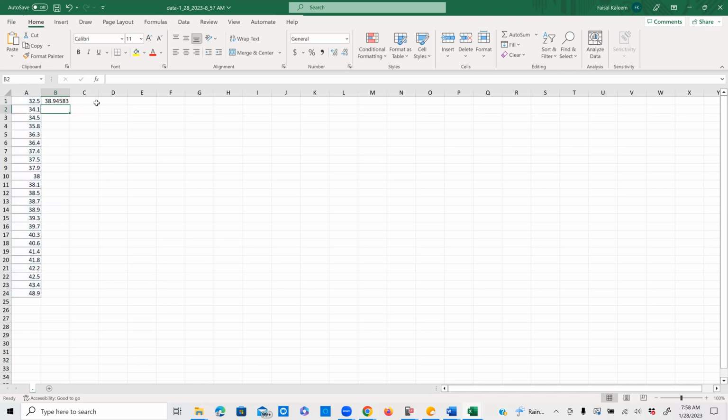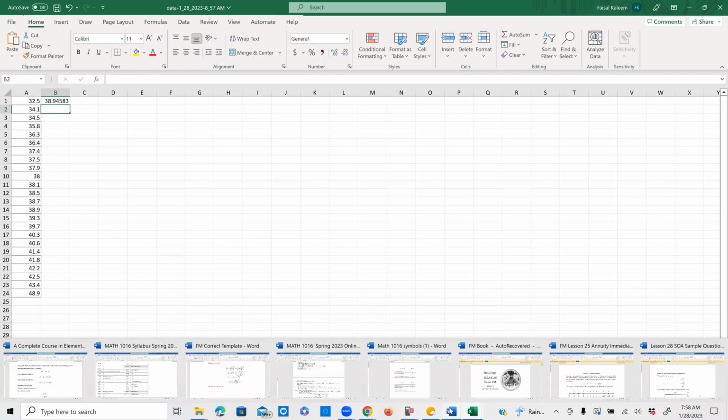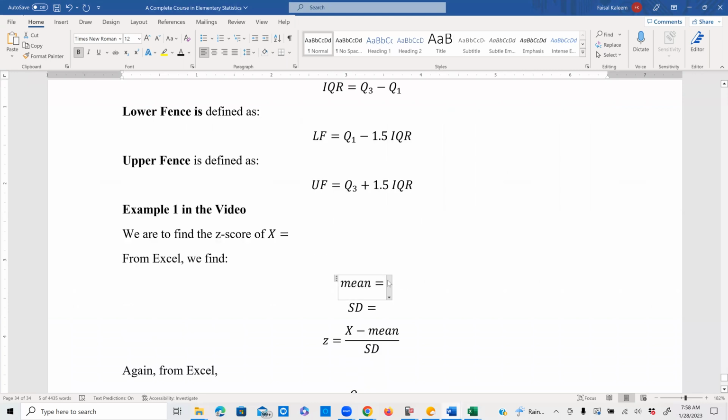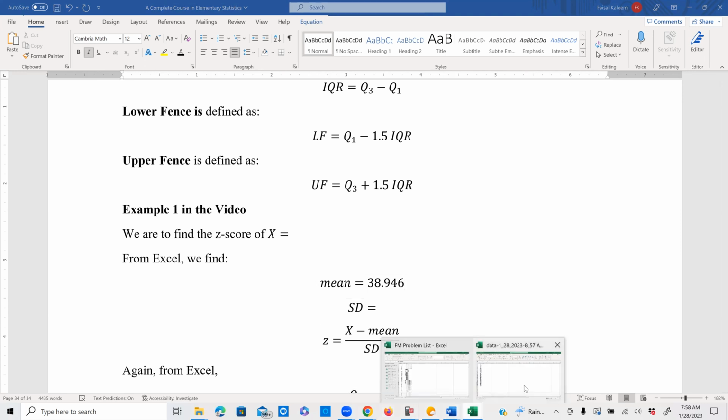And so the average is 38.946. Let's record it. And then we find the standard deviation on Excel.